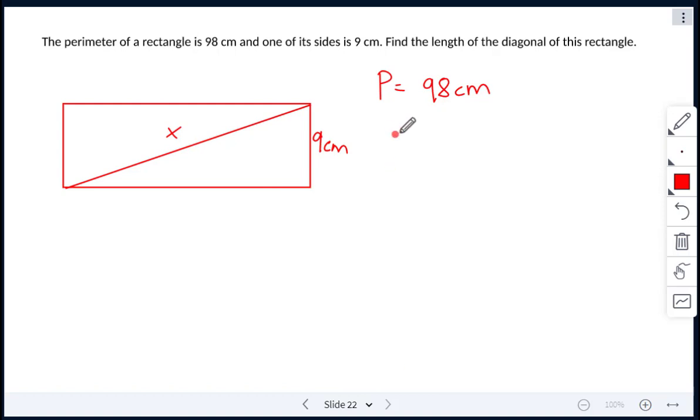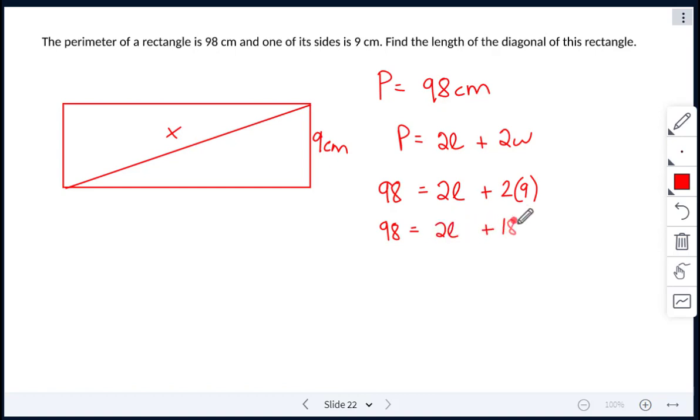So we're going to use our perimeter formula. P equals 2L plus 2W. And we're solving for length. We already know our perimeter, it's 98. And we're solving for length, and we know our width, it's 9 centimeters. All right, so we're just solving this. 98 equals 2L plus 18.